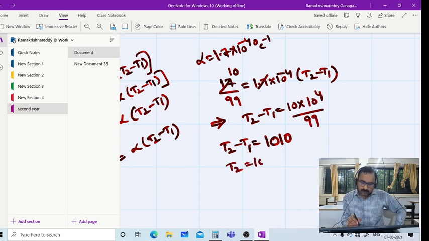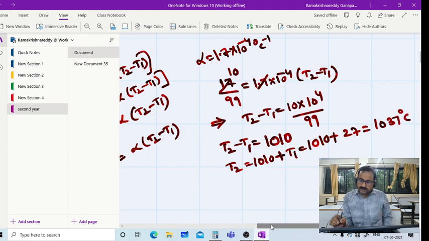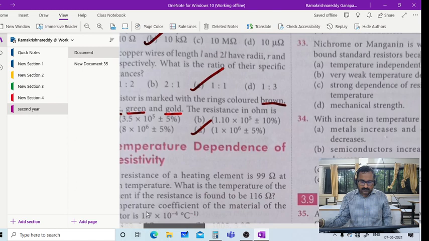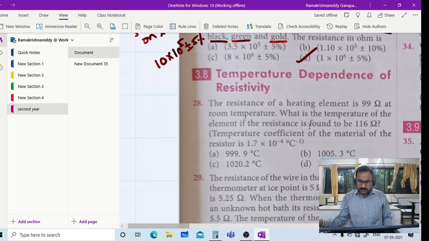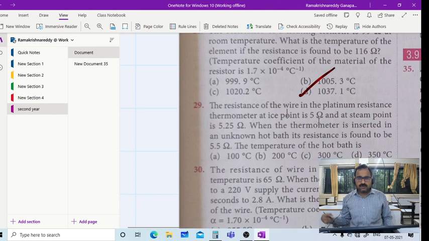Therefore T2 equals 1010 plus T1, 1010 plus 27 we are getting there. So roughly the answer is 1037 degrees Celsius. This is the answer we got. The exact value I am not taking, roughly 1010, only that part taken.